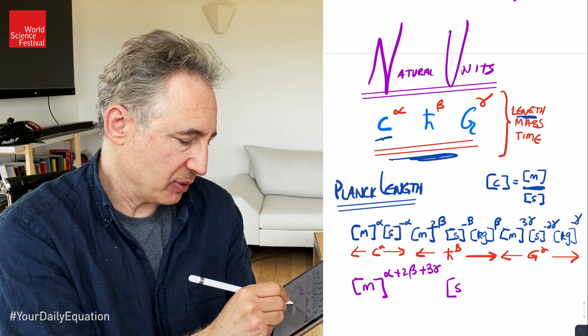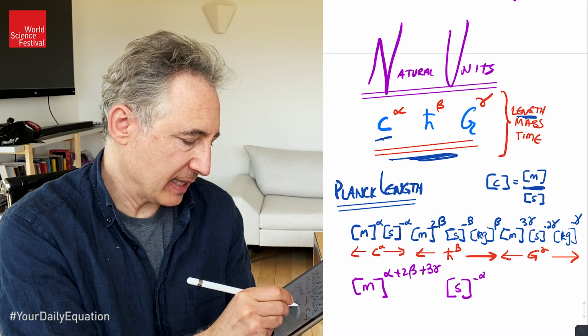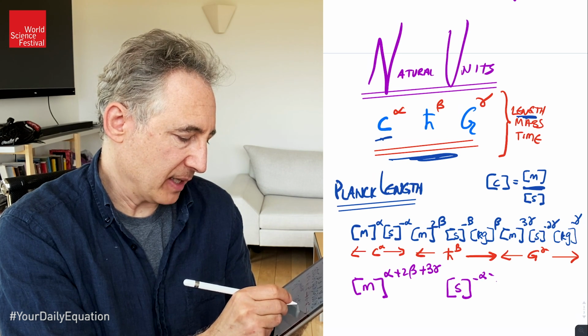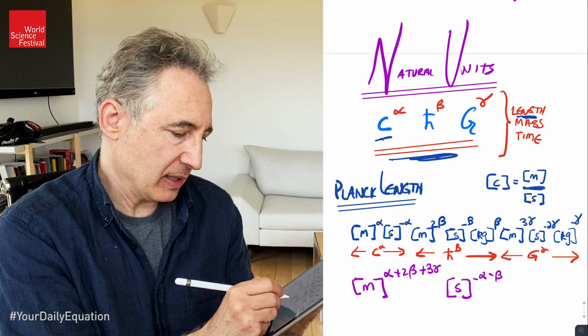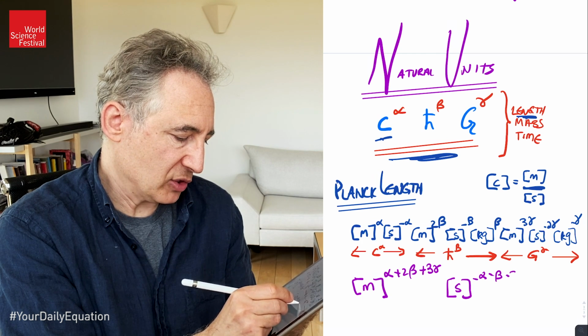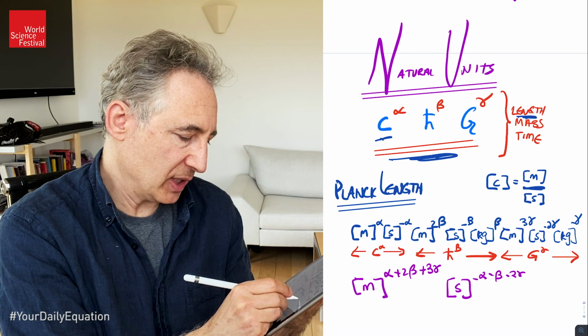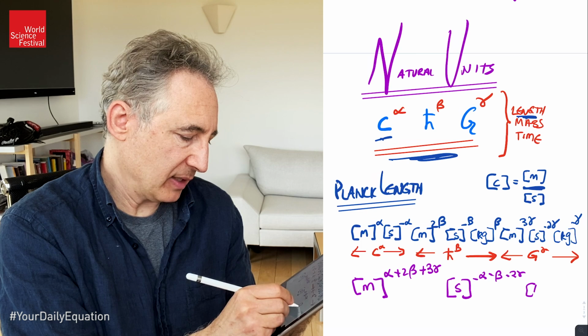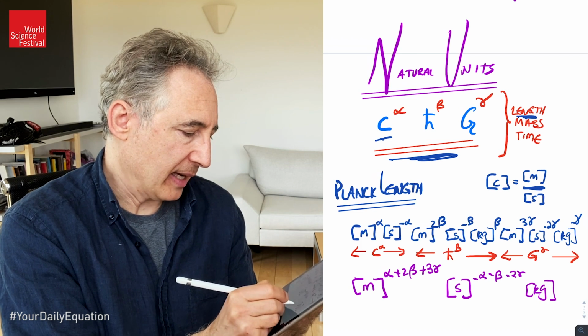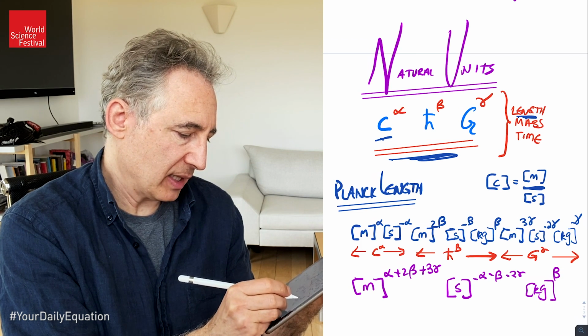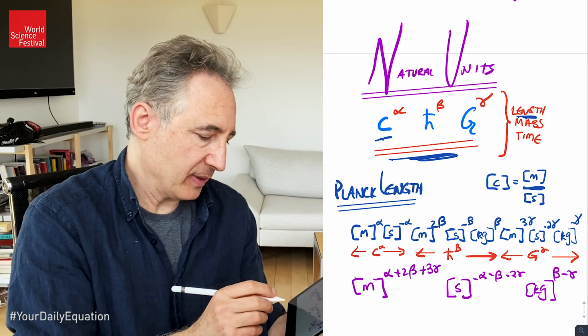And if I now put in my seconds here, I get a minus alpha from the c, a minus beta from the h bar, and a minus 2 gamma from my G. And then finally, if I put my kilograms in here, I get a beta from the h bar, and a minus gamma from the G.